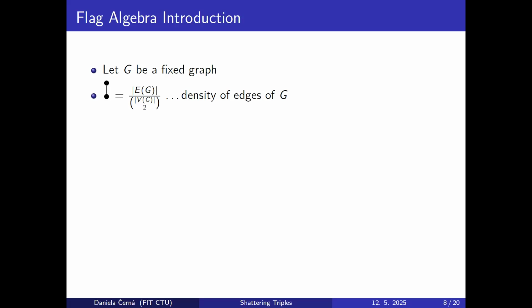Then by this symbol, I just mean the density of edges, and it also is the same as the probability that choosing two vertices in the graph uniformly at random and taking the induced graph on these vertices, I will see this graph, or a graph isomorphic to this one, which is what I do for bigger graphs. So for example, this just means the density of triangles.